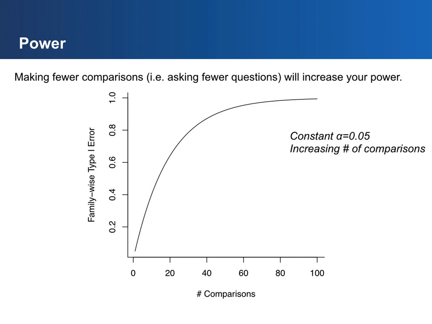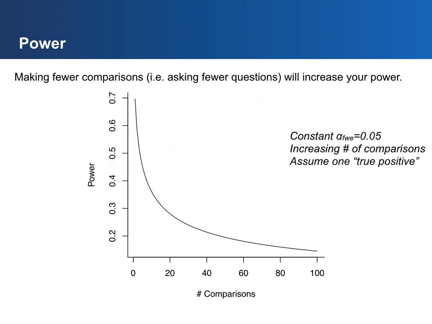You can make up random data, and if you do this long enough, you go up for a fishing expedition, you're going to find something that looks statistically significant even though it's not. Now, this obviously is not desirable.